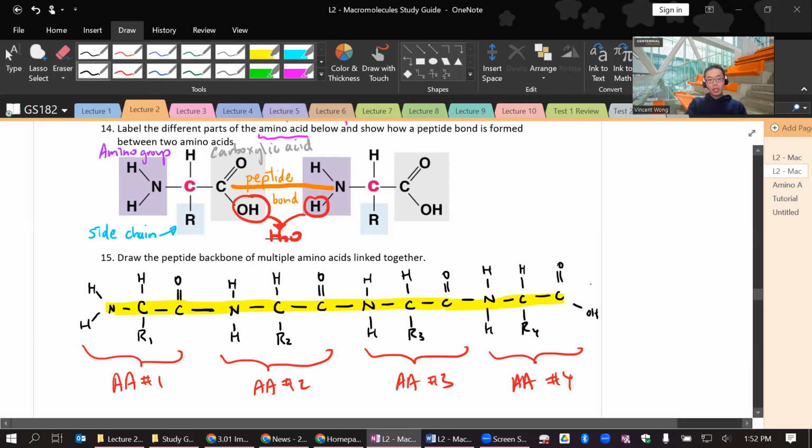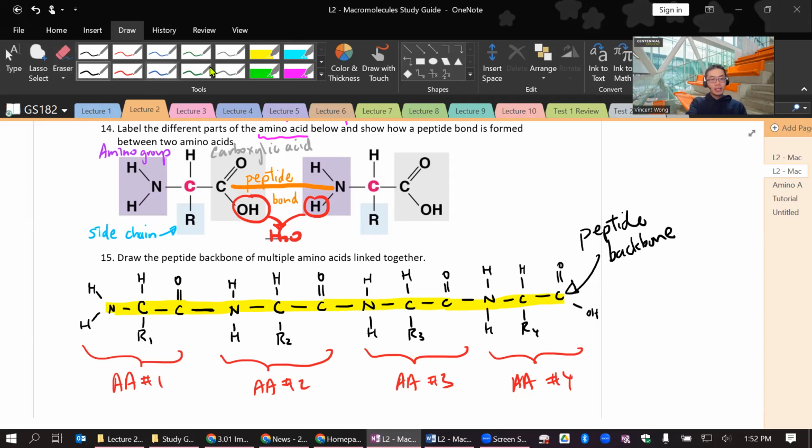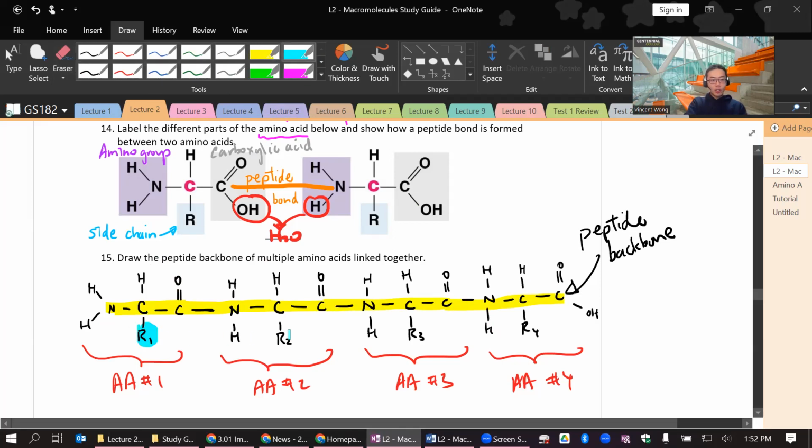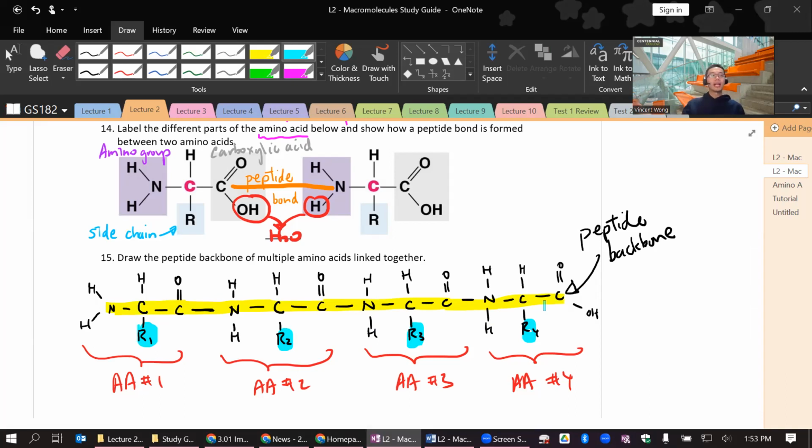This whole repeating thing is called a peptide backbone. All these things on the side are side chains. They might be the same, they might be different. It doesn't really matter. What matters is you connect them together to get your protein.